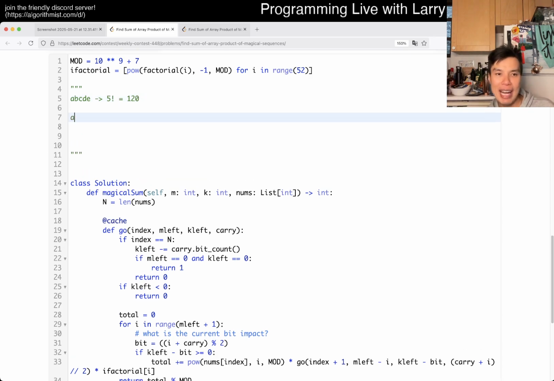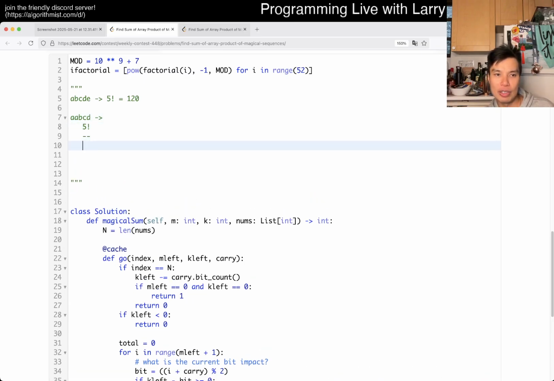But what if we have A, A, B, C, D? Well, this is going to be 4 factorial, is it? No, yeah, it's 5 factorial. But then within the 5 factorial, the 2 A's can permute, so we overcount because the 2 A's can permute. So that's going to be 5 factorial over 2 factorial.